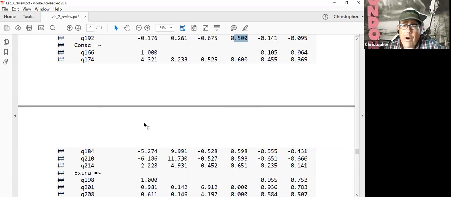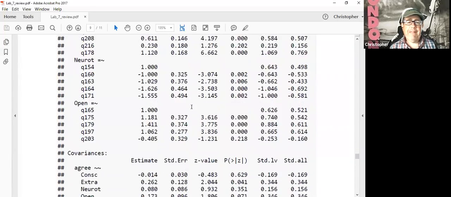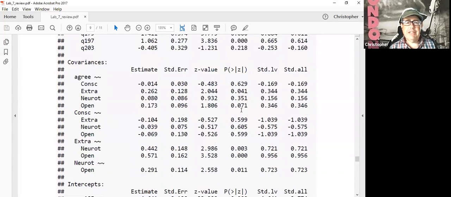So when we see these non-significant paths, that's what's driving that poor model fit. These variables aren't well explained by the factors that we proposed they're part of. Other things here, the covariances, those are interesting in that they are an indication of how strongly the factors correlate with each other.